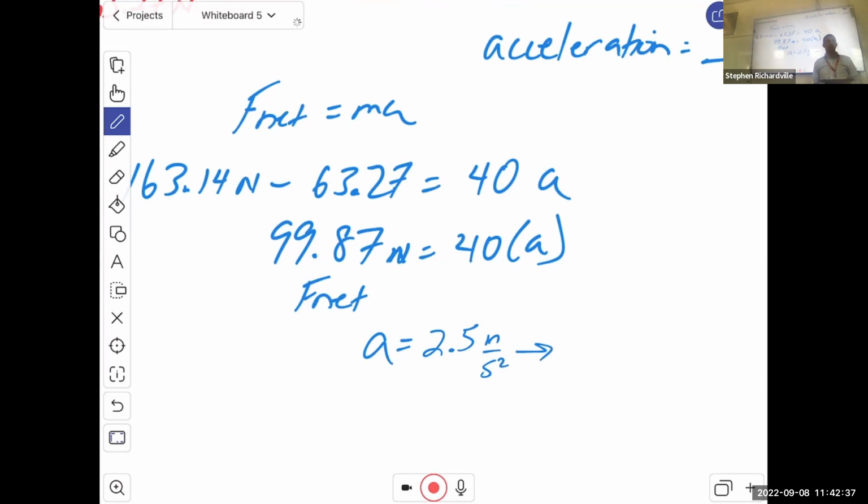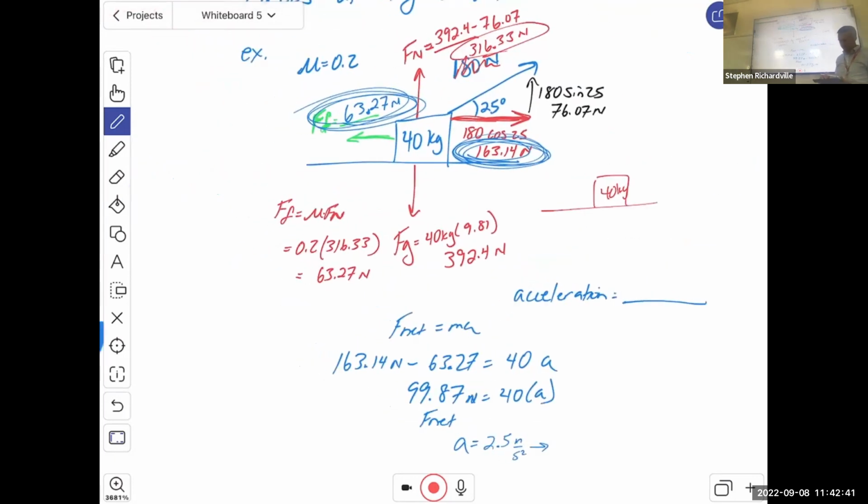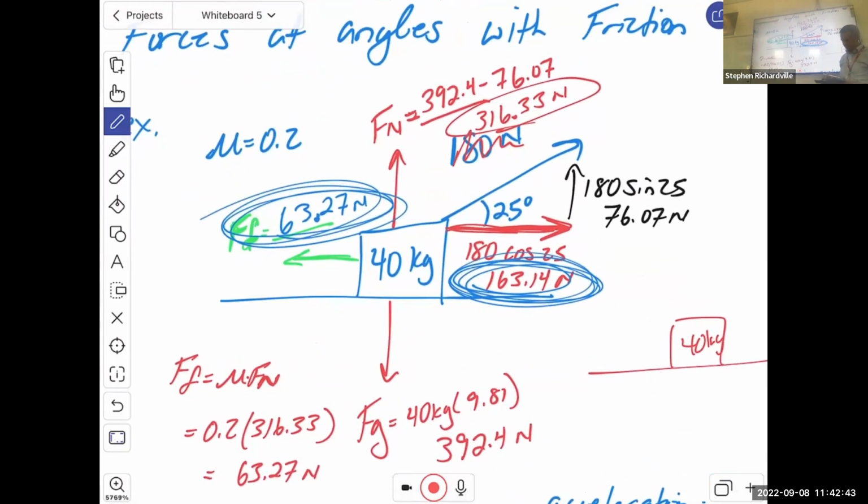Cool. One more? Yeah. Oh, good question. And that's not M. Let's be a little bit careful. Some folks are saying it's kind of like a cursive M. M is really mass. Mu is a lowercase Greek letter.